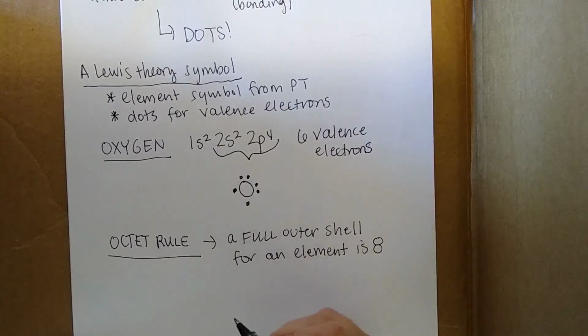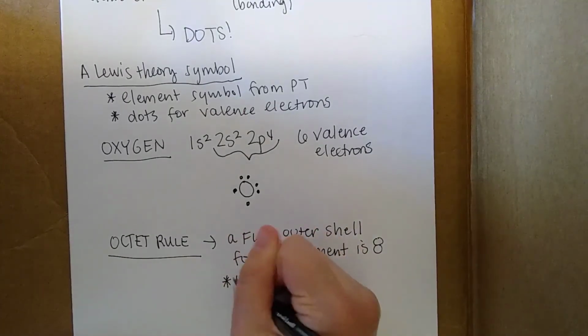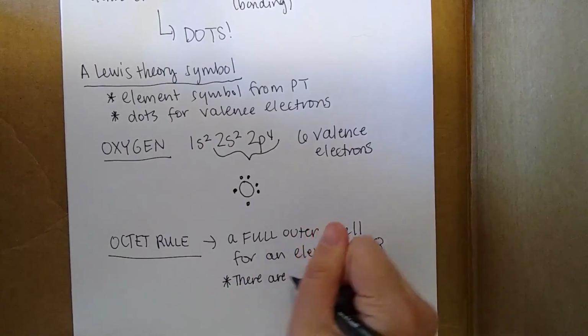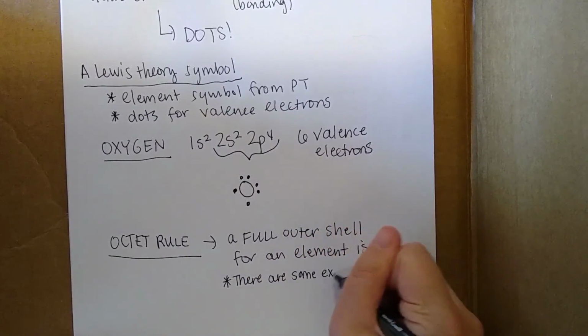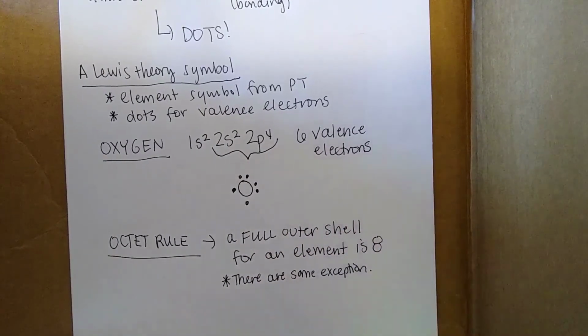As a reminder, there actually are some exceptions to that we're going to look at in a little bit. So just keep in the back of your head, there are some exceptions. For example, hydrogen. We know hydrogen's not going to want to have 8 electrons.